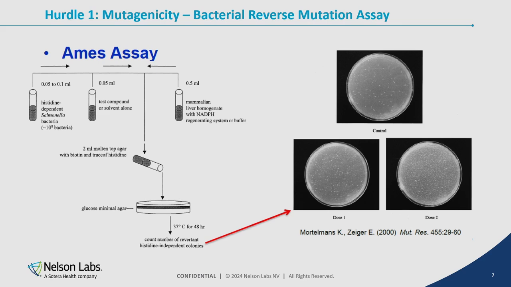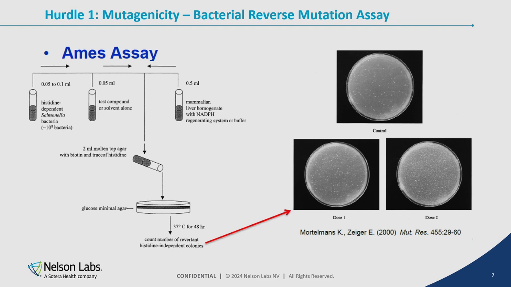Normally, when DNA is copied and base pairs are not copied correctly, you have a repair mechanism that corrects these false entries. So it's a very susceptible microorganism to detect these mutations at a high sensitivity level.